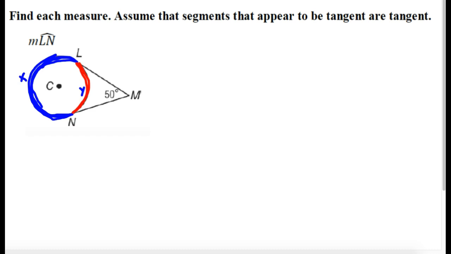Well, what we can do is say that the angle is equal to 1/2 times the difference, so 1/2 times x minus y. Well, I could multiply both sides by 2 and get that 100 is equal to x minus y, but I can't solve that any further. Right?